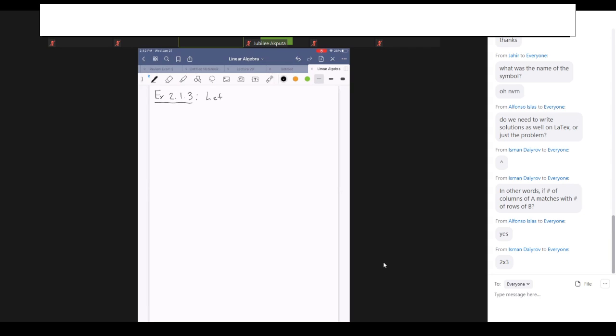So let A be a 3 by 5 and B be a 5 by 2. What sizes are A times B and B times A?